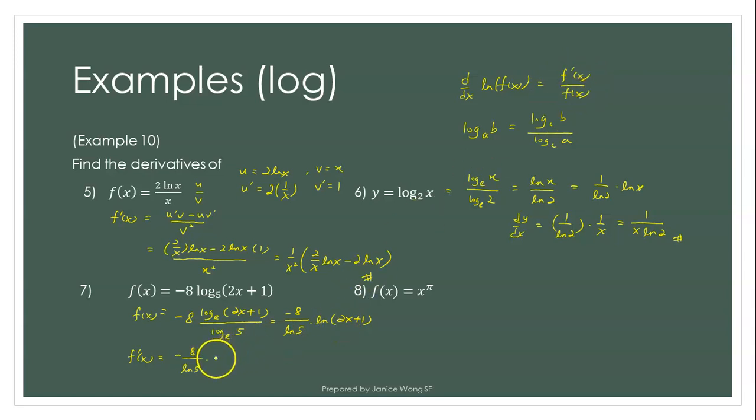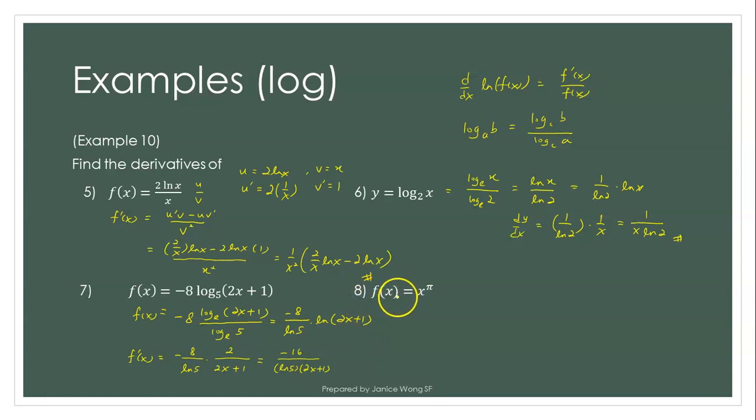Here ln carries 2x plus 1, so I write 2x plus 1 at the denominator. Differentiate 2x, we get 2. Differentiate 1, we get 0. So, further simplifying, negative 16 over ln 5 times (2x plus 1).